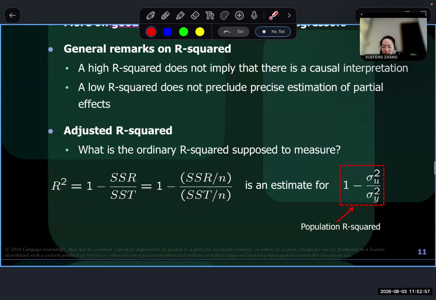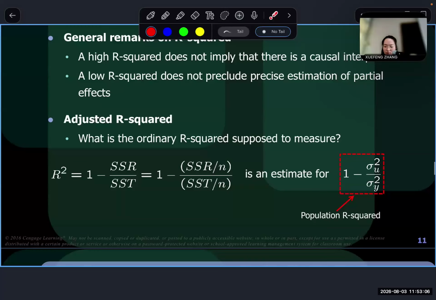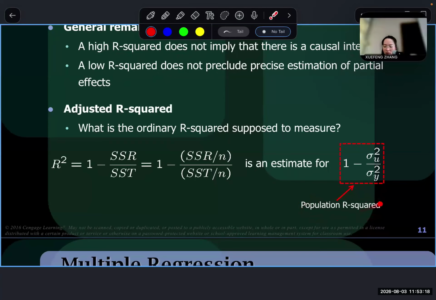Because this sample formula is estimating a population quantity, which is 1 minus sigma mu squared over sigma y squared. So this is the population R squared. In words, R squared estimates the share of variation in Y that's not explained by the error term mu.